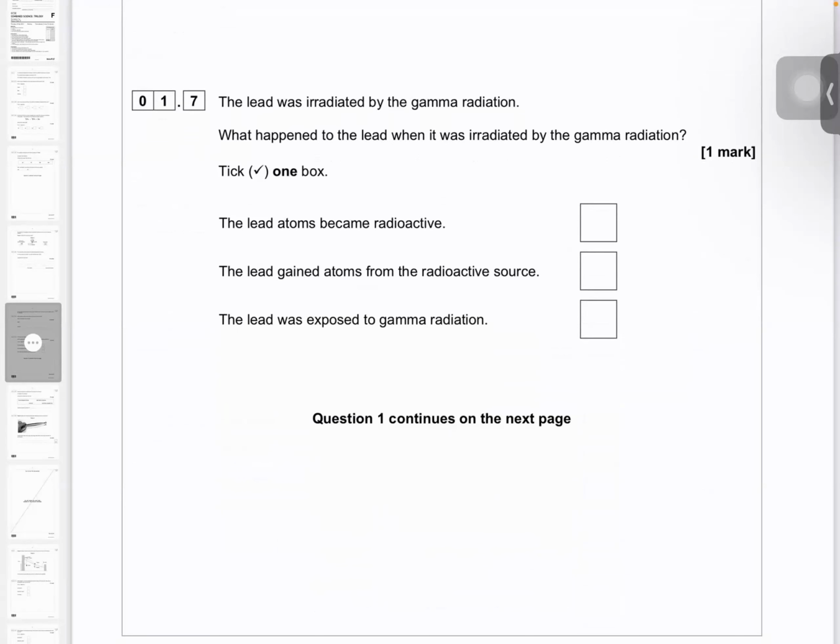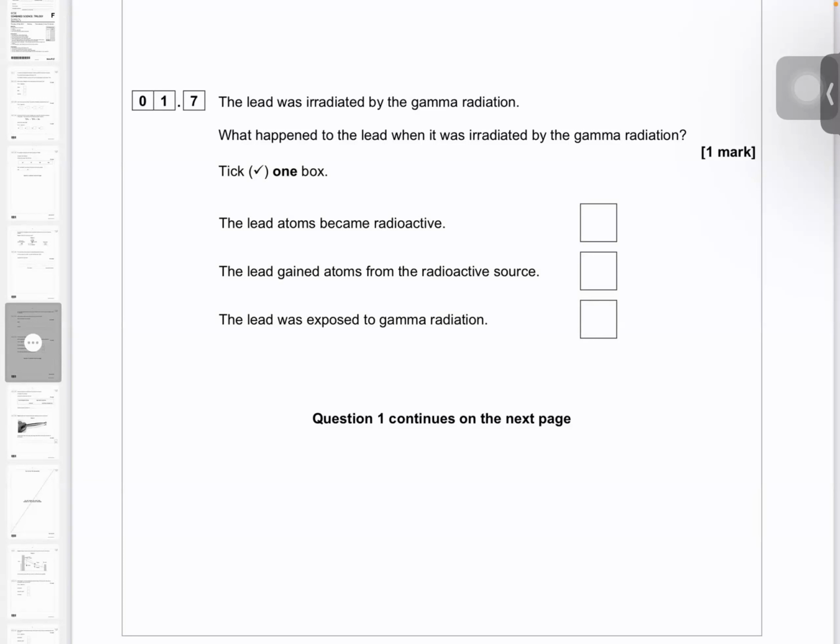Okay, so it says the lead was irradiated by the gamma radiation. What happened to the lead when it was irradiated by the gamma radiation? The lead atoms became radioactive.